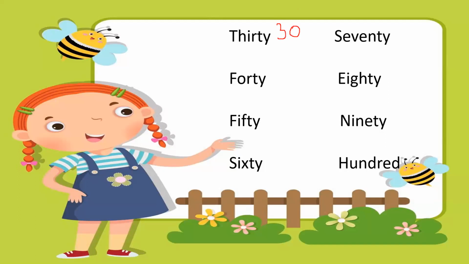Yes. After that, you can write 31. How to write 31? Thirty, then one. So that's why I'm telling you to learn 1 to 20, and then you have to learn these numbers. After that, you can write all the number names very easily.